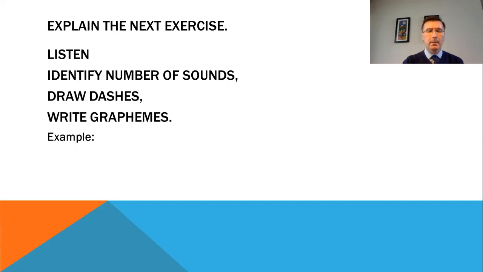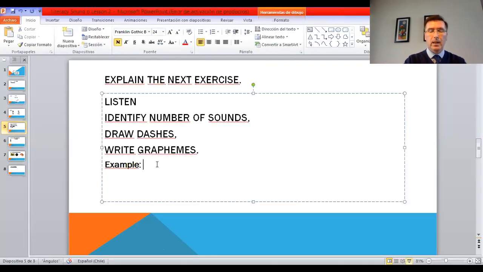Let's do a little example first. Imagine that I say the sounds B, E, G. So, listen, identify the number of sounds. B, E, G. How many sounds? 3. So how many dashes? 3.